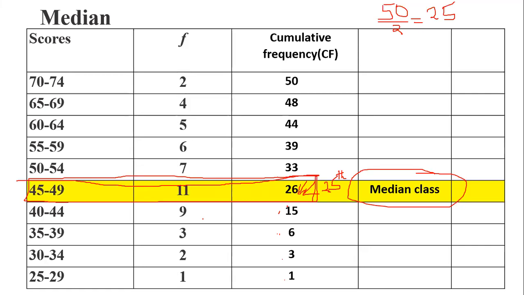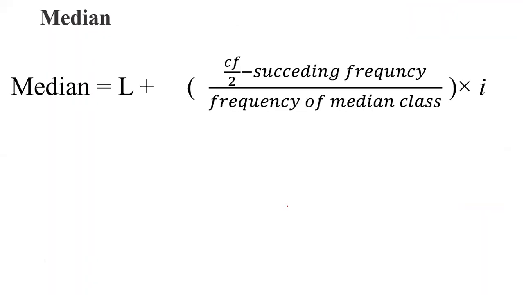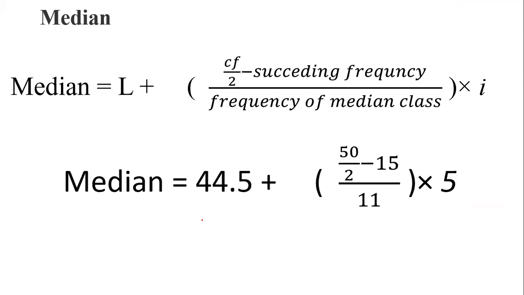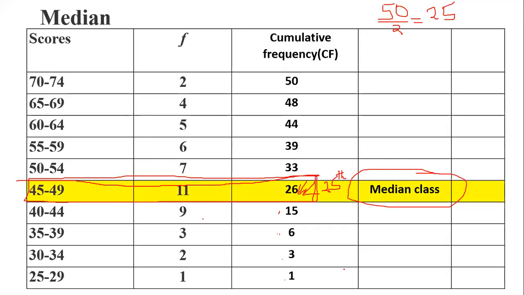Now we are to apply a formula, and this is the formula we apply. L always means lower class boundary, bracket, CF over 2 minus succeeding frequency. In this case, the succeeding frequency is 15.